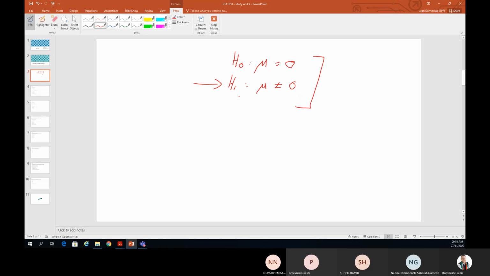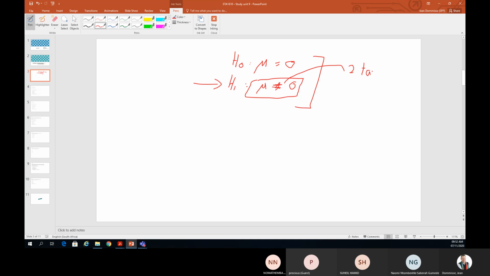The alternative hypothesis will determine if you're working with a one tail or a two tail. The only time it is two tail is when it is not equal to, because not equal to means it can be bigger or it can be smaller. So when it's not equal to, it's a two tail.